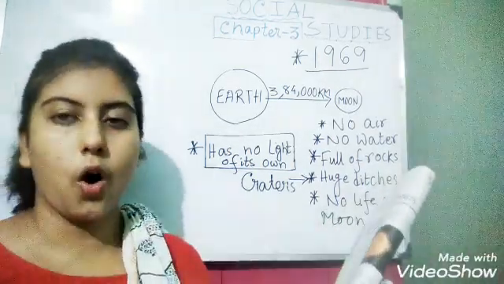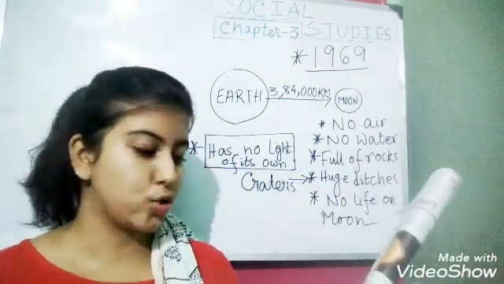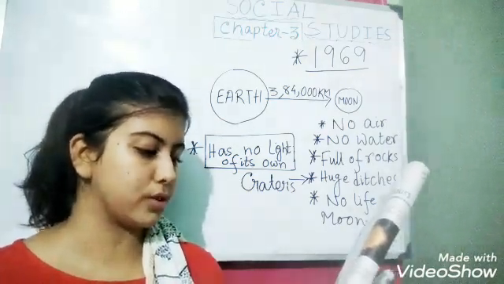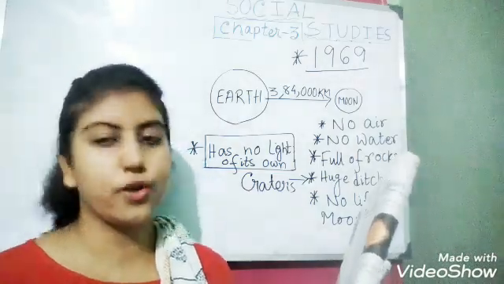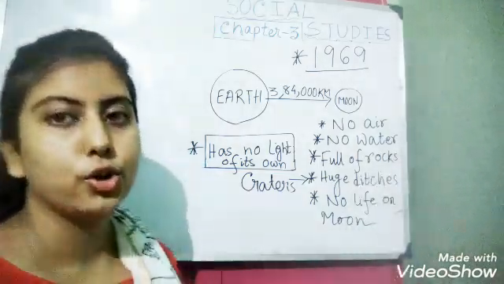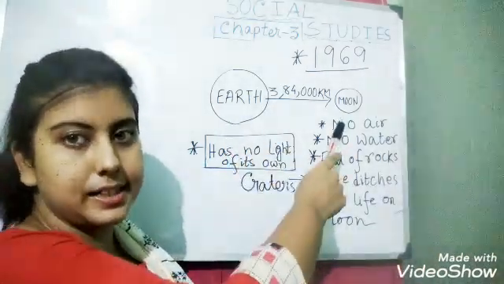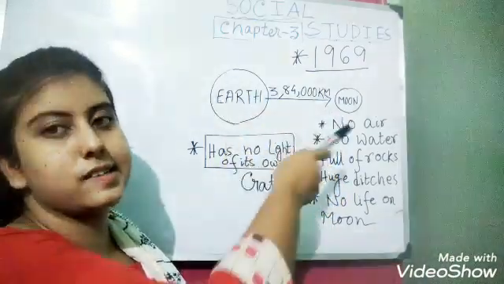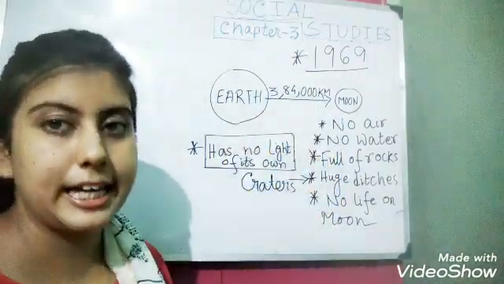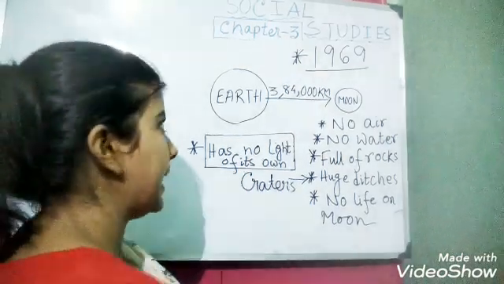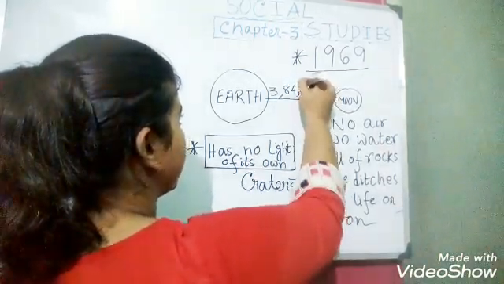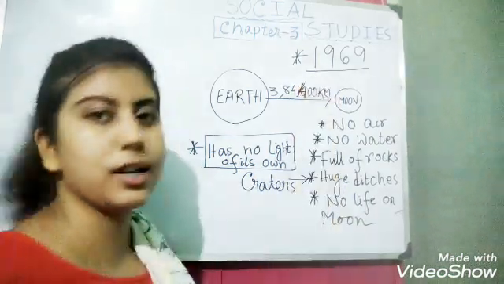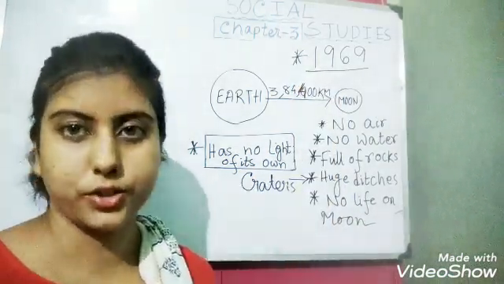The moon is on average 3,84,400 kilometers away from the earth. So this is earth and this is moon. The distance between these two is 3,84,400 kilometers.